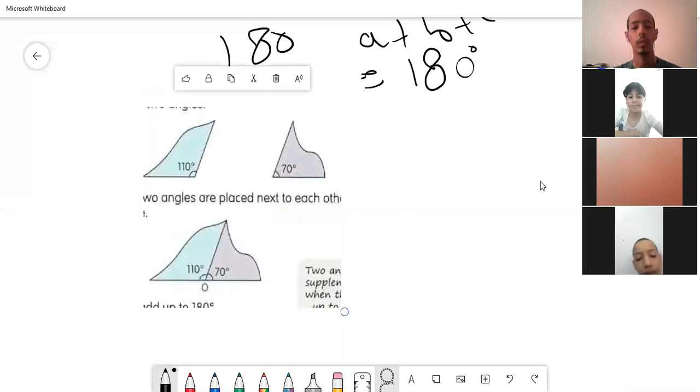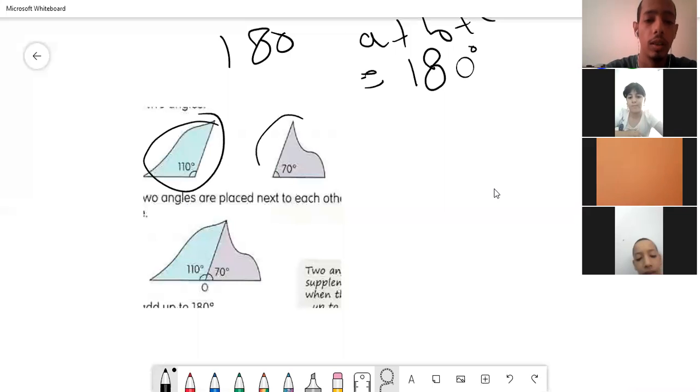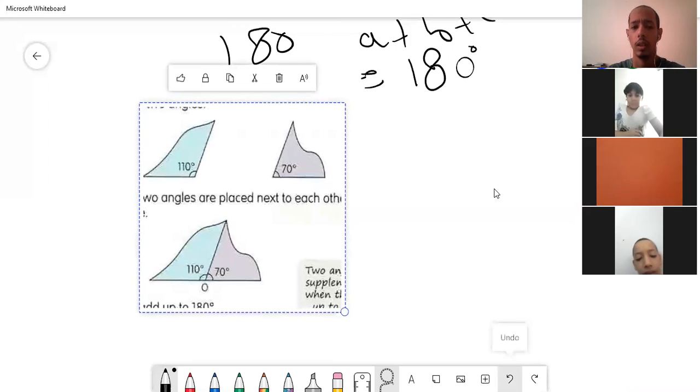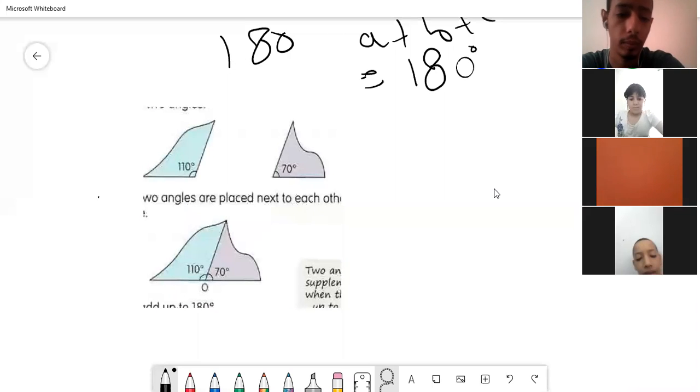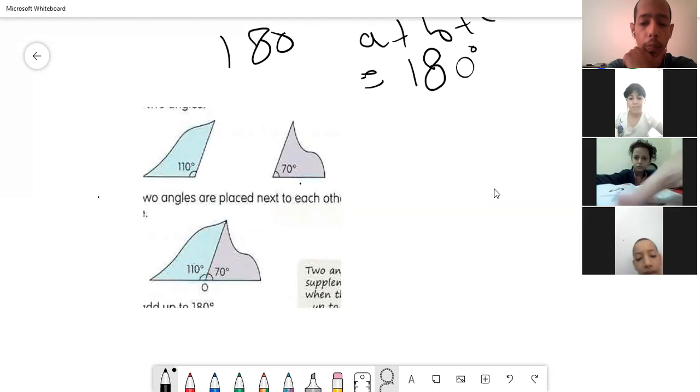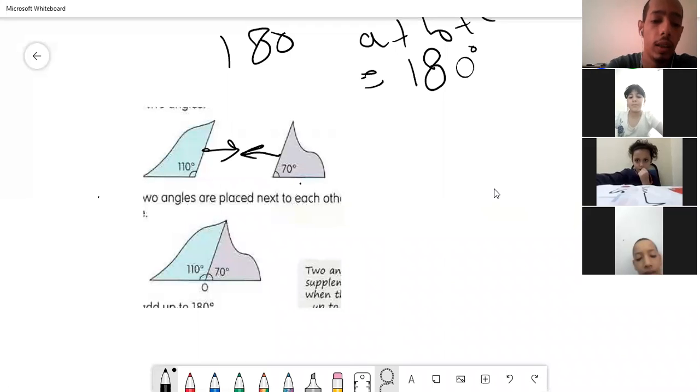Look here. We have two angles. This angle, the first one, is 110. The second one is 70 degrees. If we place these two angles next to each other, we are going to get this, right?